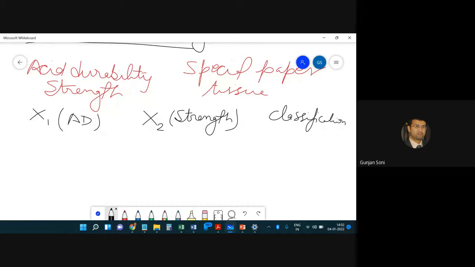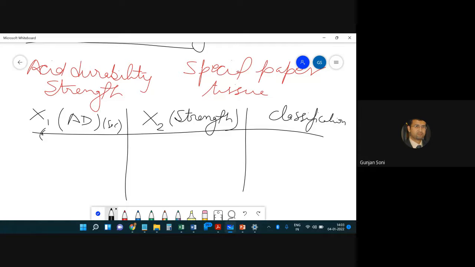So this is acid durability, in time units, and strength is in kg per meter square. Okay, so 7 units, 3 units, and 1 unit.